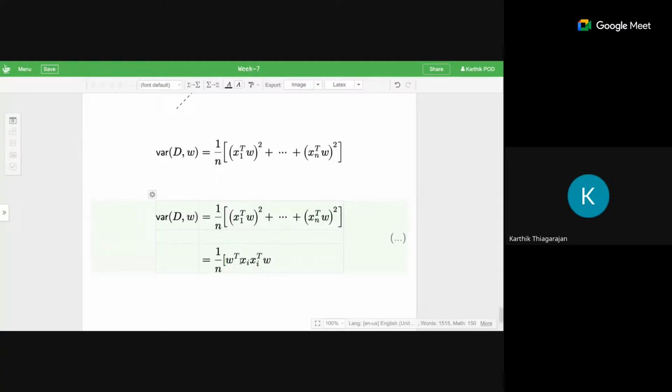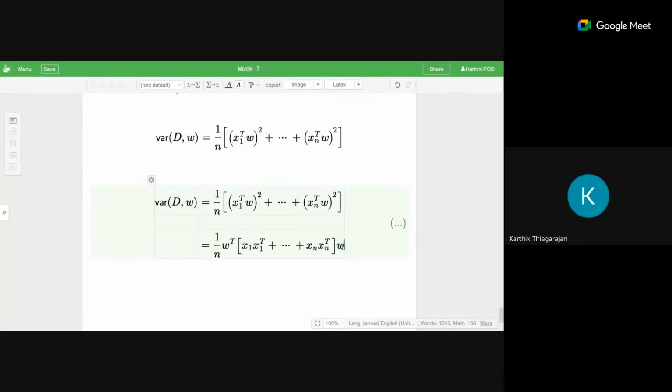So what I can now do is take the W transpose and W out. W transpose and W I have moved out. This is nothing but x1 transpose, x2 transpose, and so on, this is just the sum, right? In fact, this will be dot dot dot, up to n.